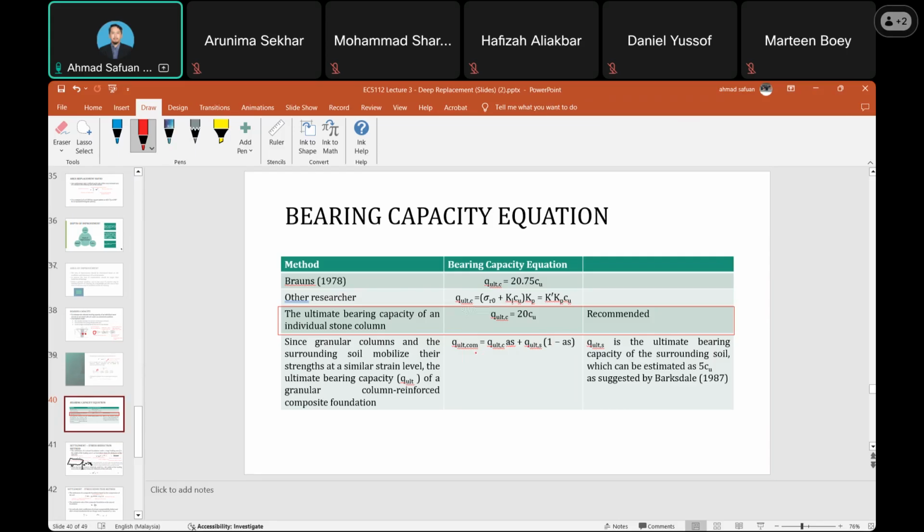Then we obtain the ultimate capacity of the composite soil.